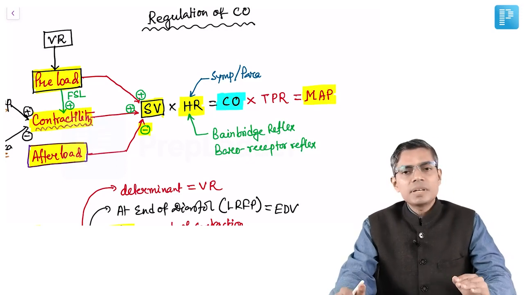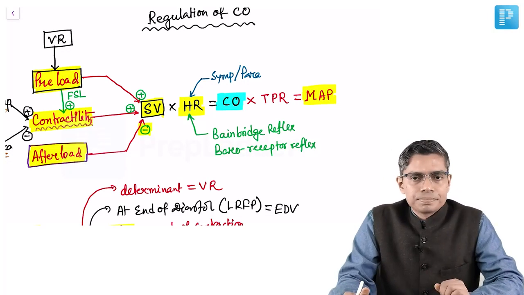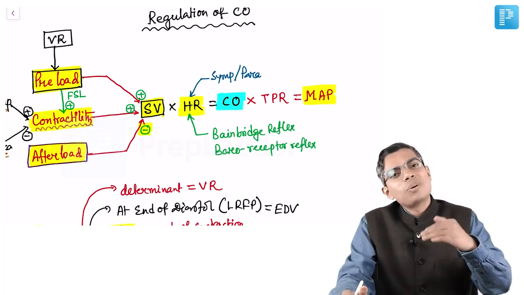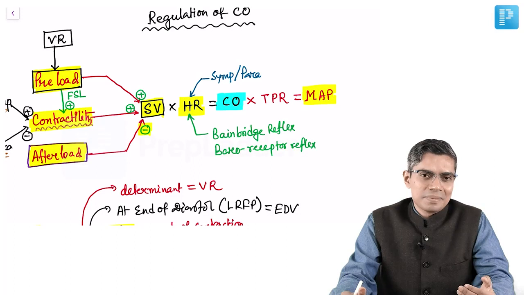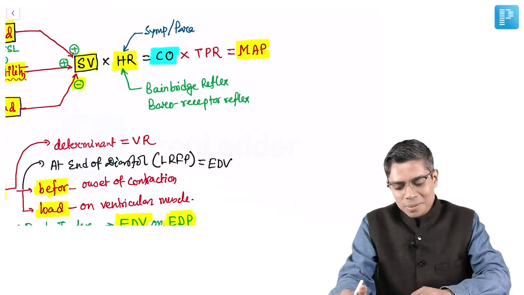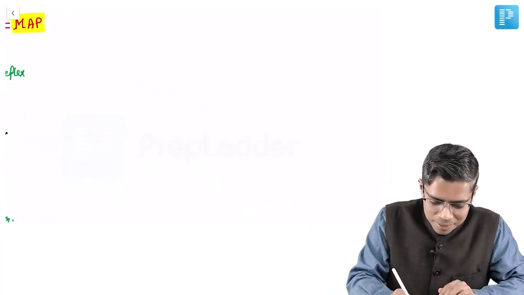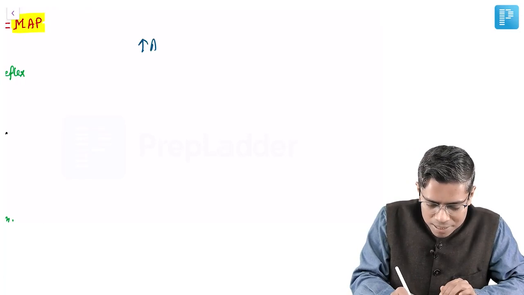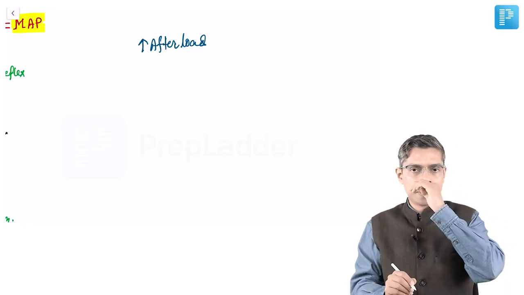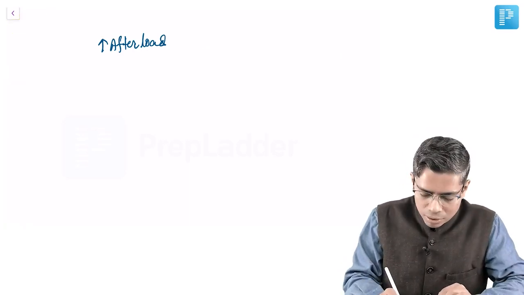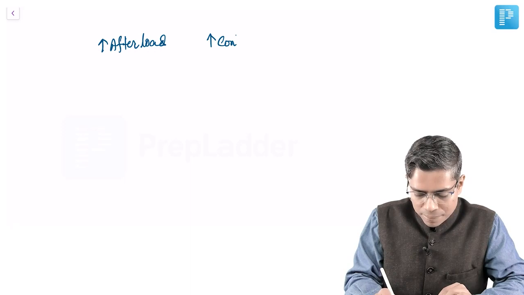Now, whenever your afterload is high, the ventricle can also increase its contractility. There is a very peculiar phenomenon. Whenever your afterload is rising, the ventricle will start contracting more forcefully.